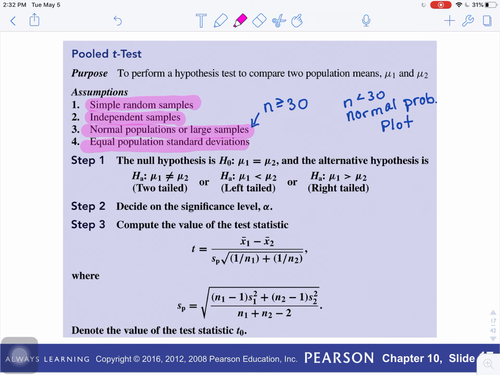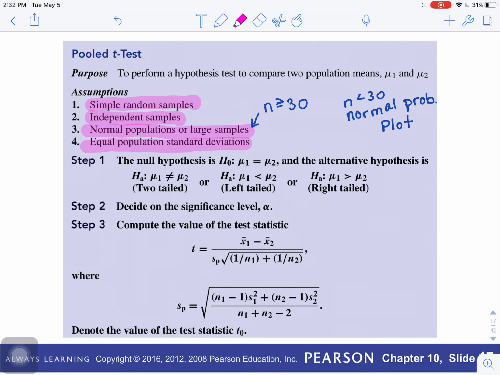And then you're also looking at whether they have equal population standard deviations, or they're roughly equal. So they don't have to be exactly the same. It can depend on the numbers that you're looking at. Like if you're working with very large numbers and one population standard deviation is like 52 and the other is 55, that's pretty close.